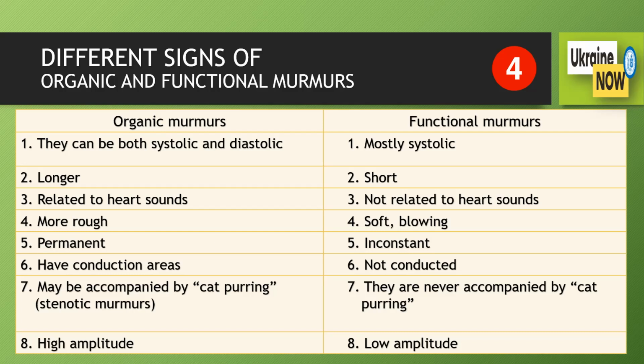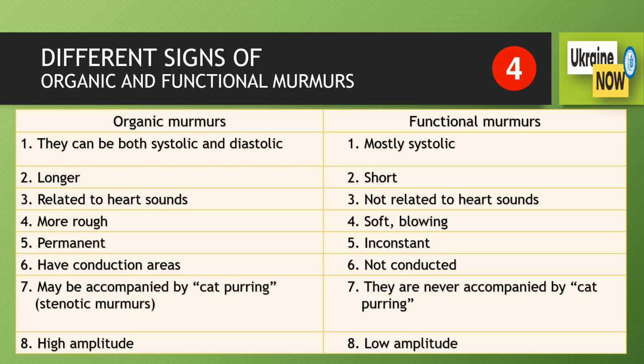They are transient and are rarely heard during the entire systole. These are soft, blowing sounds. The murmurs are normally heard over a limited area and are not transmitted a long distance from their source. Functional murmurs are not accompanied by other signs of valve affection, such as enlargement of the heart chambers or change in the heart sounds.